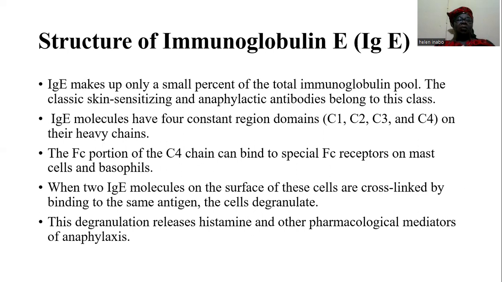The Fc portion of the C4 chain can bind to special Fc receptors on mast cells and basophils. When 2 IgE molecules on the surface of these cells are cross-linked by binding to the same antigen, these cells degranulate. And this degranulation releases histamine and other pharmacological mediators of anaphylaxis, such as slow-reacting substance A.